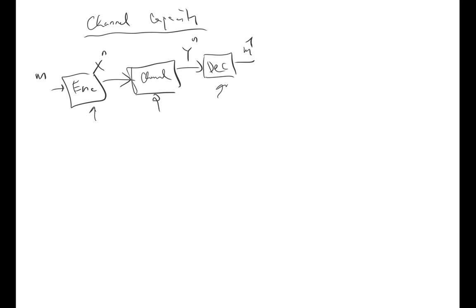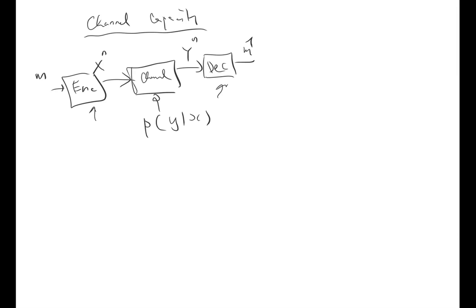The channel will be completely characterized by simply the conditional probability: given your input x, how will the output at the other end be distributed?